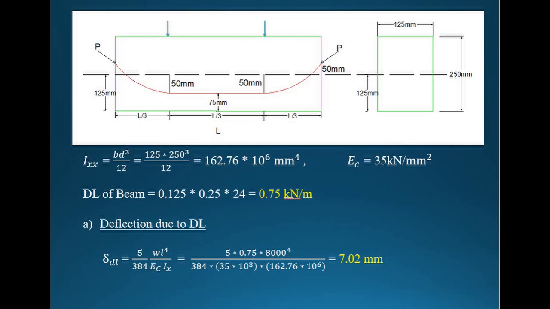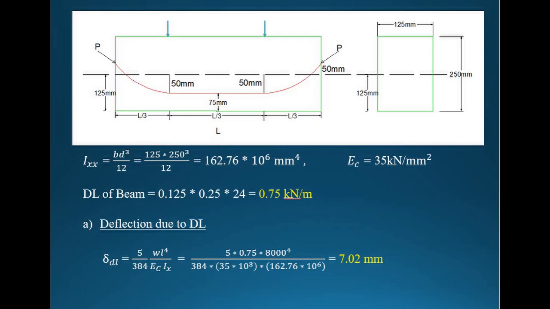So in place of W, substitute this 0.75, and be careful with the units. If you convert this kilonewton per meter to Newton per mm, it will also be 0.75. There won't be any change because from kilonewton to Newton it is 10 power 3, and from meter to mm it is 10 power 3.